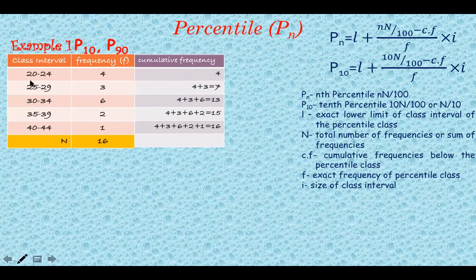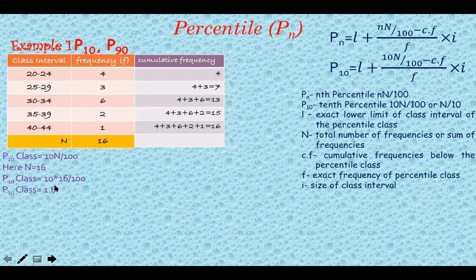Now we have to find this P10. P10 is found by 10 multiplied by n divided by 100. Why 100? Because the data set is divided into 100 equal parts. Here n is equal to 16, so we have 10 multiplied by 16 divided by 100, which comes out to be 1.6.